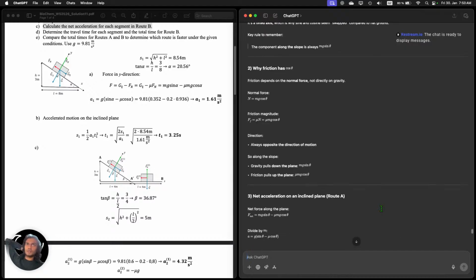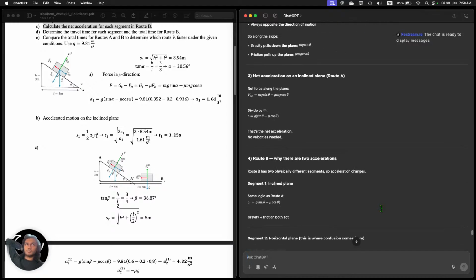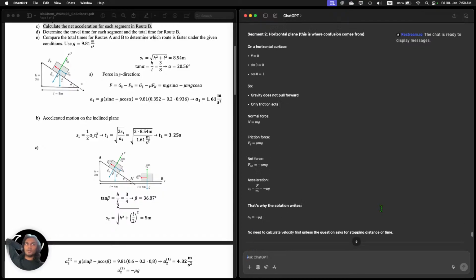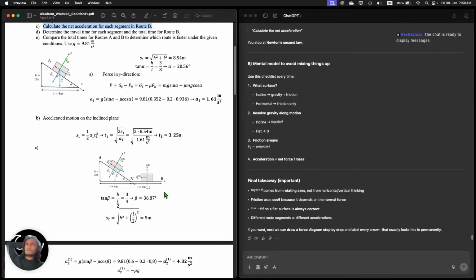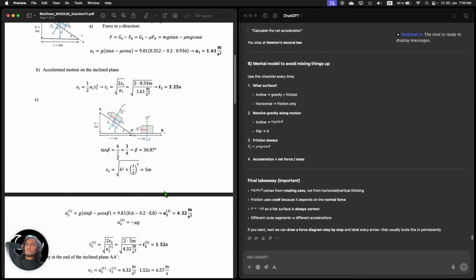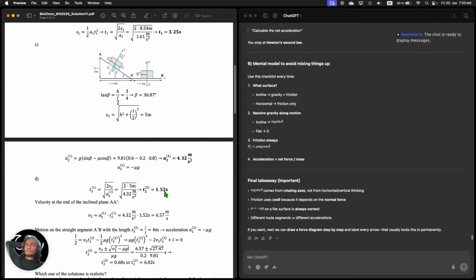Okay. Net acceleration on inclined plane A. Dude, inclined plane B, bro. A2 equals minus nu g.